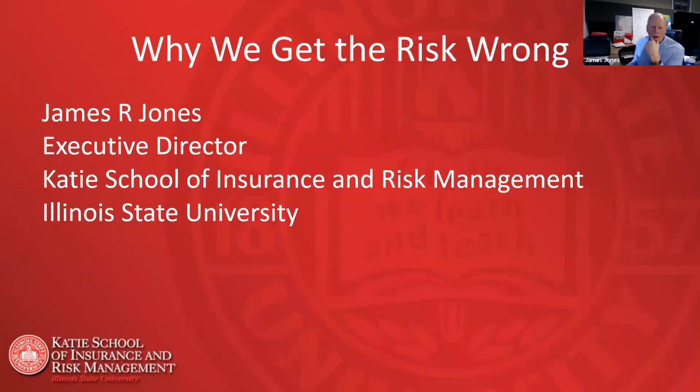Some of these are related to cognitive biases. Some of them are related to the information that we get. Some of them are related to mathematical issues that occur. I'm going to give you a sampling of each one of these, and at the end try to tie it all together and get us to start thinking about why and how we might get the risk wrong.